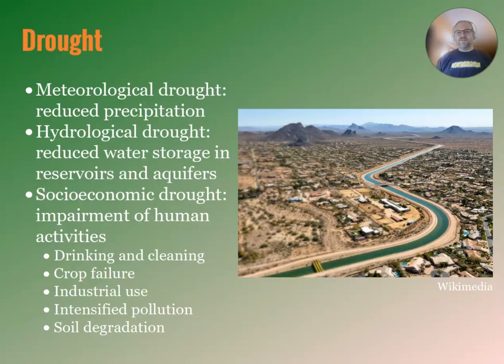We might start to get crop failures. We don't have enough water in the reservoirs to irrigate our crops, and so they're not growing as well. The plants are dying or just having their yield drop. We have reduced water for industrial uses.